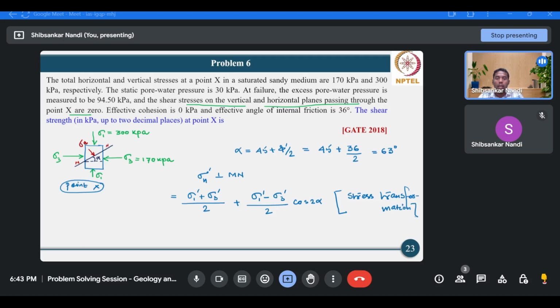Please keep in mind, we are calculating in terms of effective stresses, not total. That's why we have to consider sigma 1 prime and sigma 3 prime. Now what will be the sigma 1 prime? It will be sigma 1 minus u. Now what is the value of u? For this case, it is a summation of 30 and 94.50.